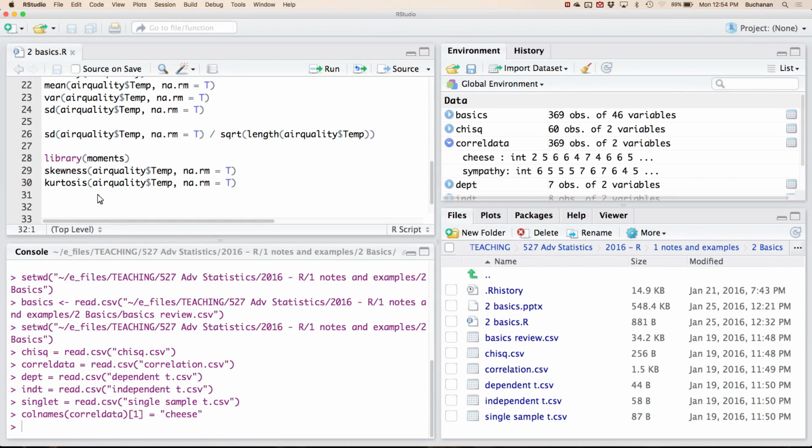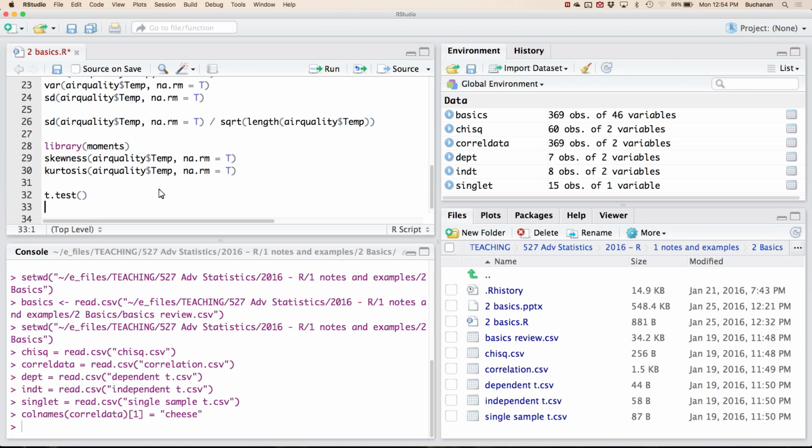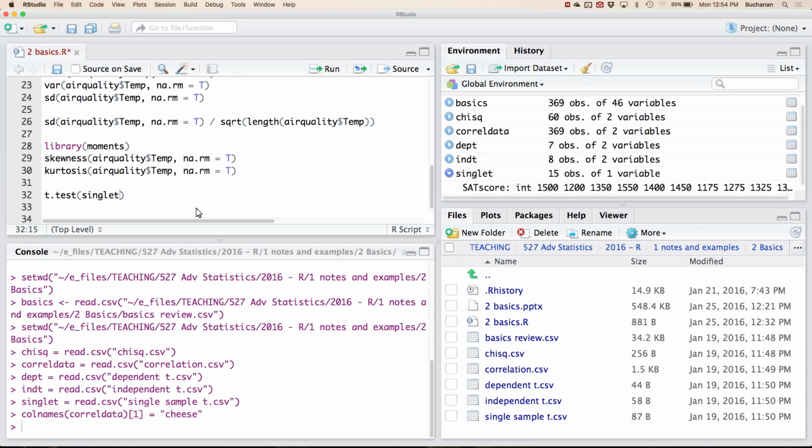So let's try that. I got t.test. My single sample t file is called single t, but you should type whatever the name of your file is. There we go. So I got single t. Oh, I need the column. What's the name of my variable? It's SAT score.